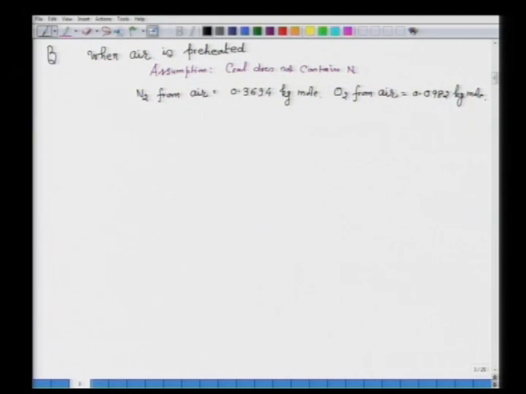I have given the relative efficiency as 50%. You know the definition of relative efficiency.